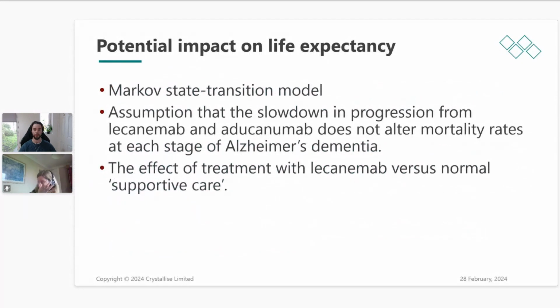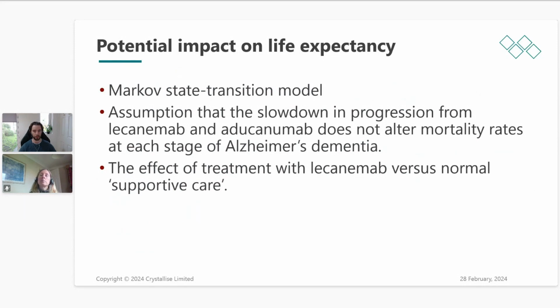So we've talked a little bit about the interventions themselves, lecanemab in particular, and its effect on the biology. We now want to try and understand how it affects life expectancy or mortality.